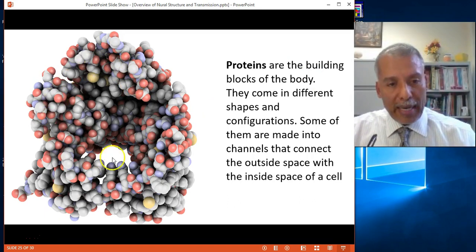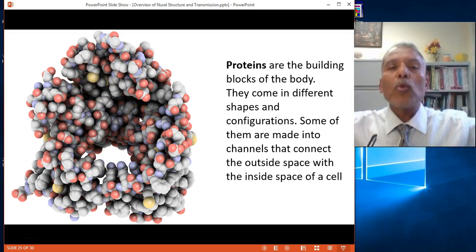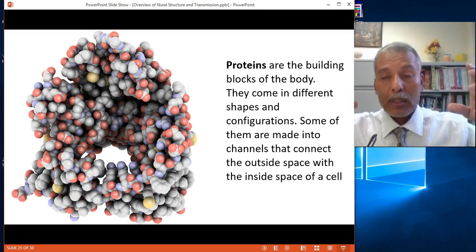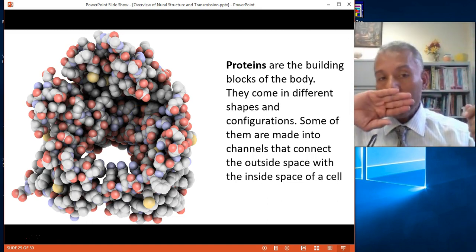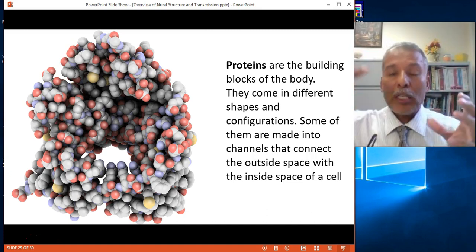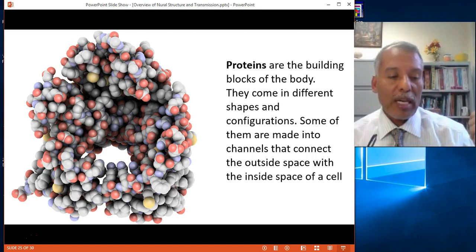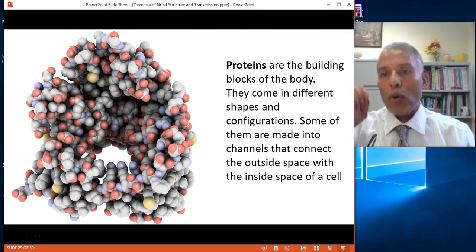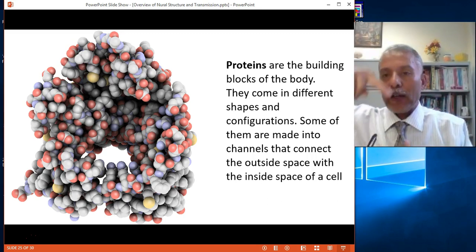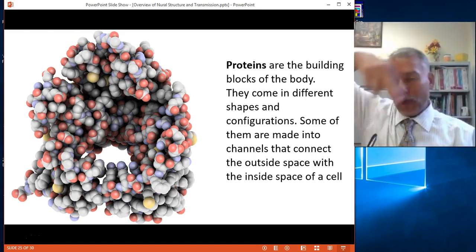A protein, as you could see here, is a huge, gigantic molecule. A molecule is made out of atoms and amino acids and stuff. So the protein is very, very big. Imagine taking, say, 1,000 golf balls, or 1,000 actually big balls, and stringing them together, and then coiling them on top of each other.